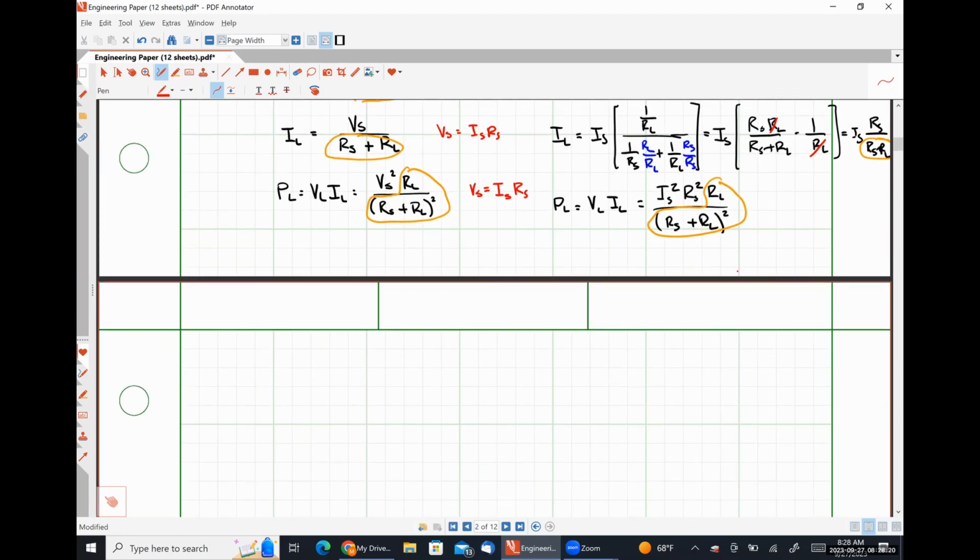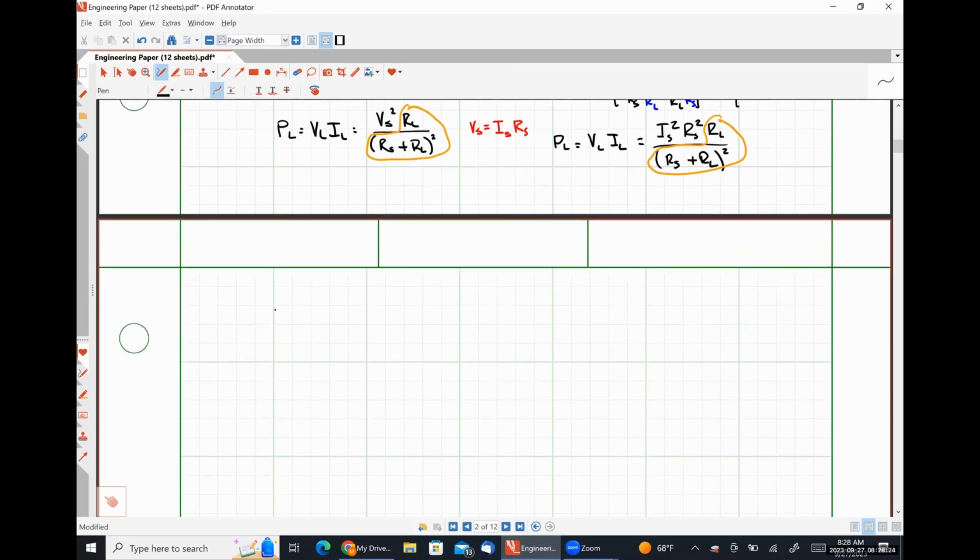So let's say that I have an 8-volt source and a 5 ohm resistor. And I want to convert that circuit into a practical current source representation.